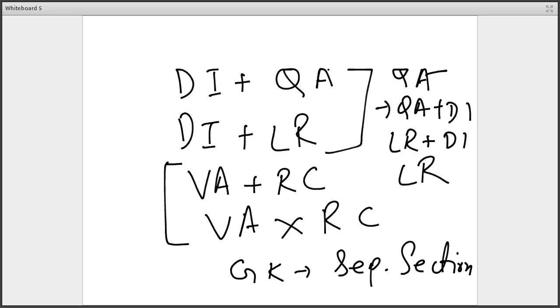Now suppose there is a section with two subsections, for example if QA and DI are combined, you will have QA and DI as subsections within the section. If you have LR and DI combined, you have LR and DI as subsections of that section. So if I say section 2 is LR plus DI, you will have section 2 part A as LR, section 2 part B as DI.